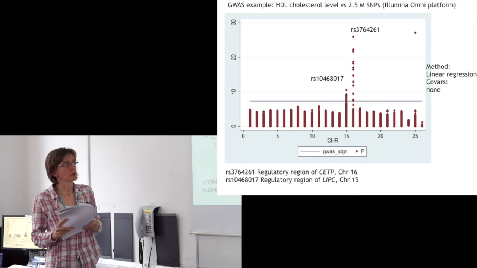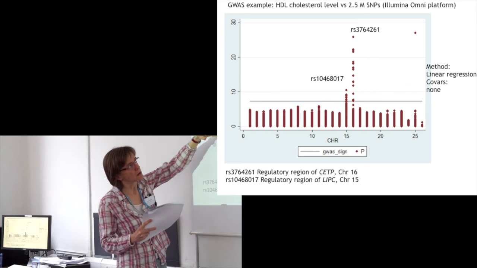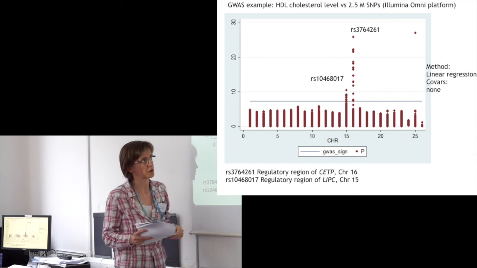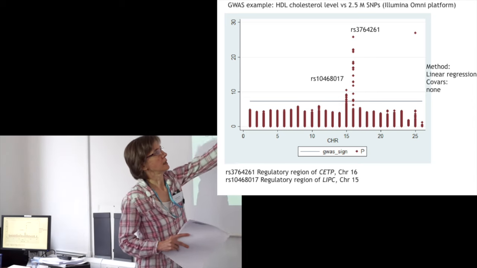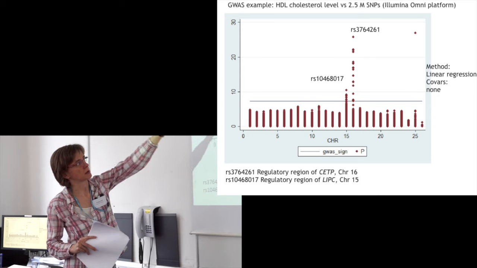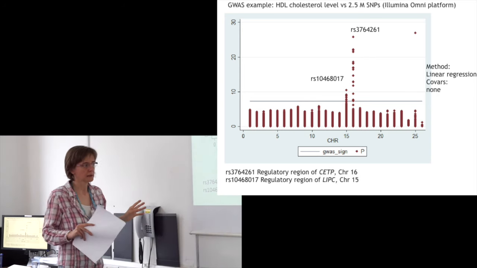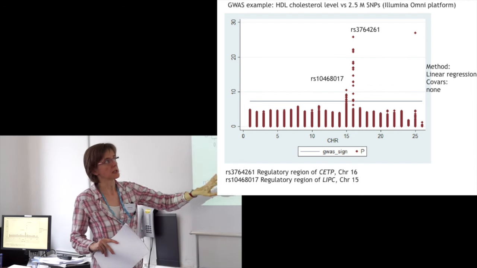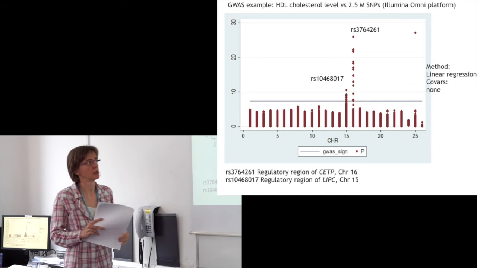Before I do anything, this helps me to have a quick look whether there is something exceeding the genome-wide significance level. Before going into details, I only checked 2 of the top results: the most significant one, and something on chromosome 15, also very significant. And they make sense because both of them are within regulatory regions of genes taking part in cholesterol transport. So at first glance, it looks good.